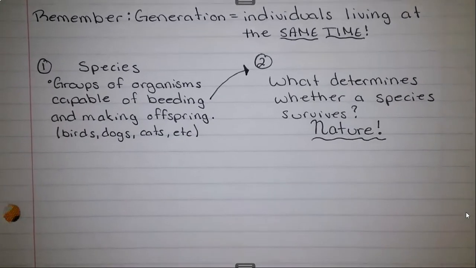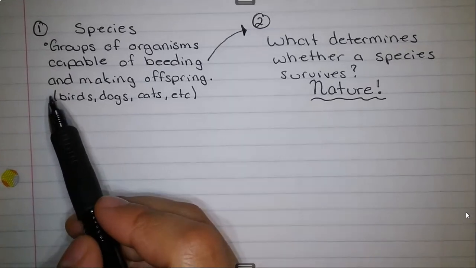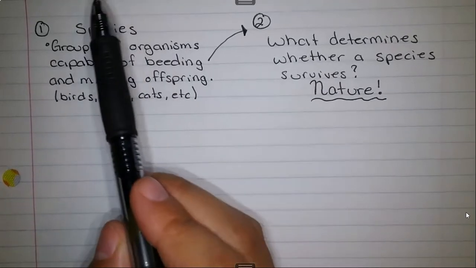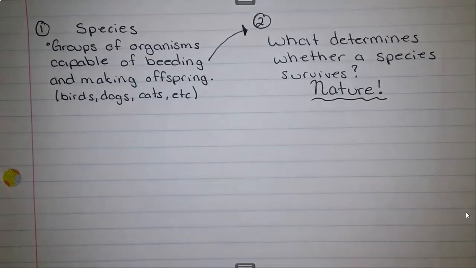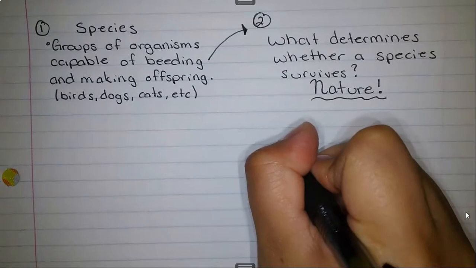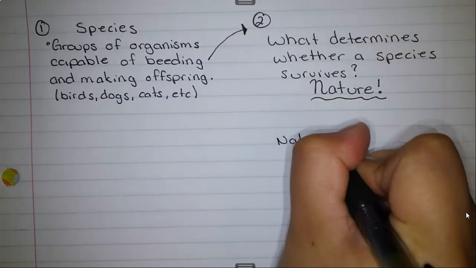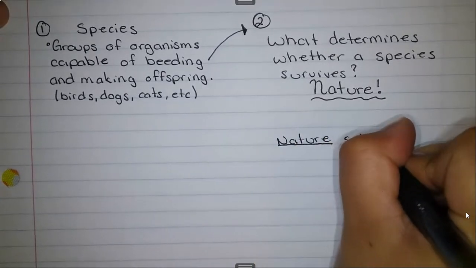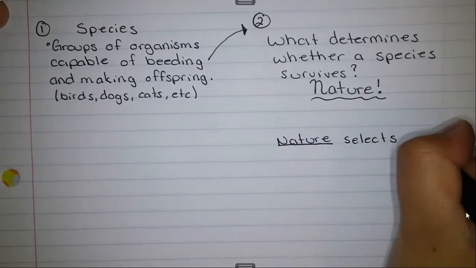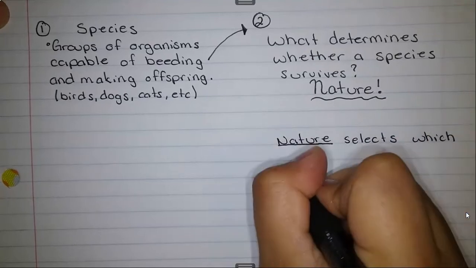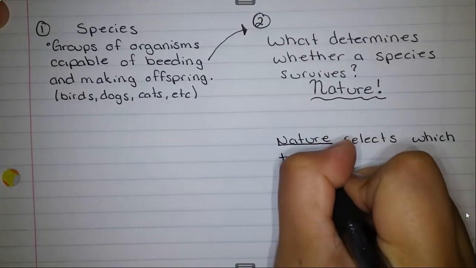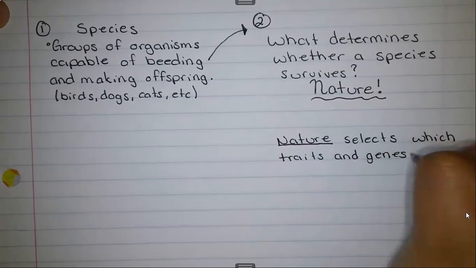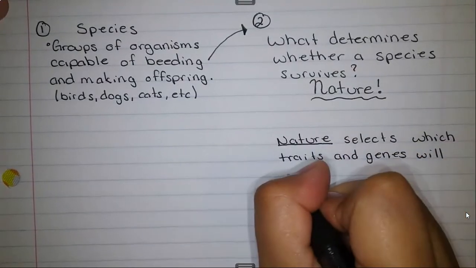All right, I'm going to move it up. So a species is a group of organisms that are able to produce offspring, and we want to know what determines whether that species is going to survive. Well, the answer for that is nature. So nature selects which traits and genes will survive.